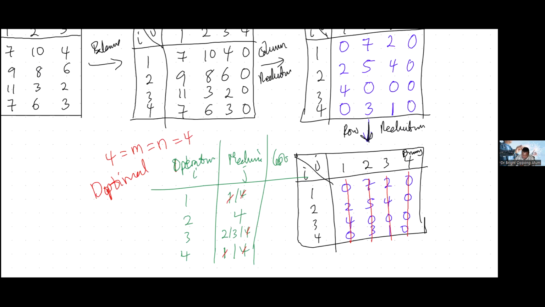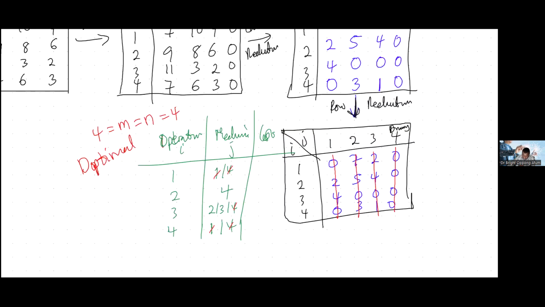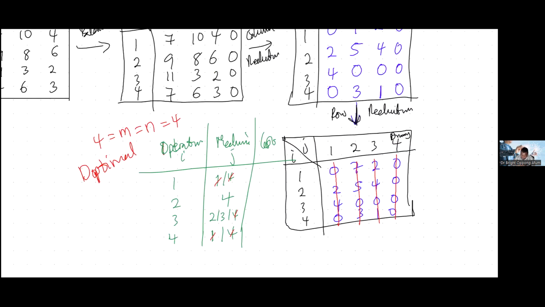Okay, so let's see the reductions we did. I think there is a problem here. Yes, I think there is a problem here. So our row reduction, we might have missed it. We might have missed it, and this is how you see, because when you assign 1 to 1 and 4 cannot be assigned, right?